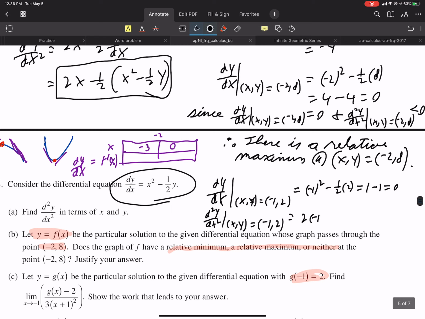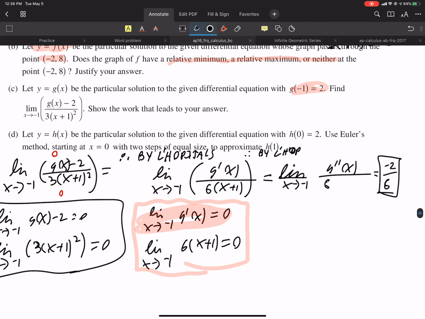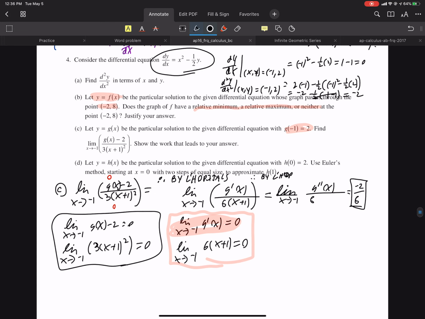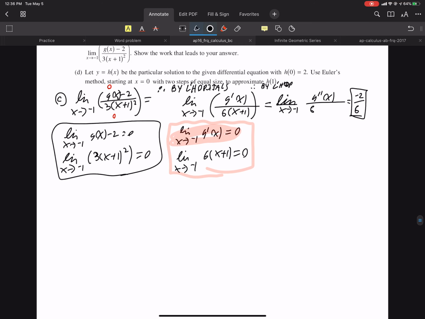So it's 2 times -1 minus 1/2 times (-1 squared minus 1/2 of 2). And that's -2 minus 1/2, 1 minus 1. So that's just -2 times 0. There. H double prime is -2. That's how you get the answer. Whew! I was feeling kind of dumb there for a second or a half a second.